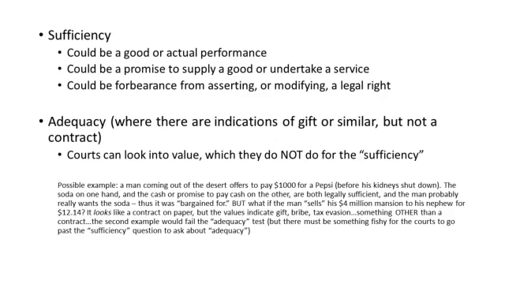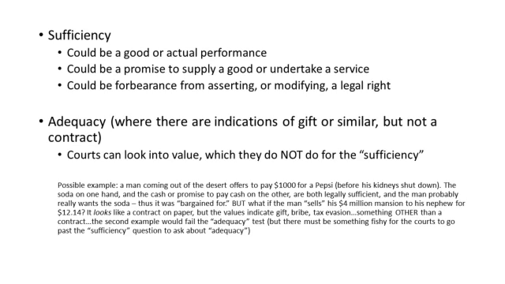Okay? The problem arises when you see a significant disparity in values, or you see a situation that looks like corruption, bribery, or a gift. At those points, courts would go to the second question, beyond legal sufficiency, and go into adequacy. Keep in mind, courts prefer not to do that if they do not have to.